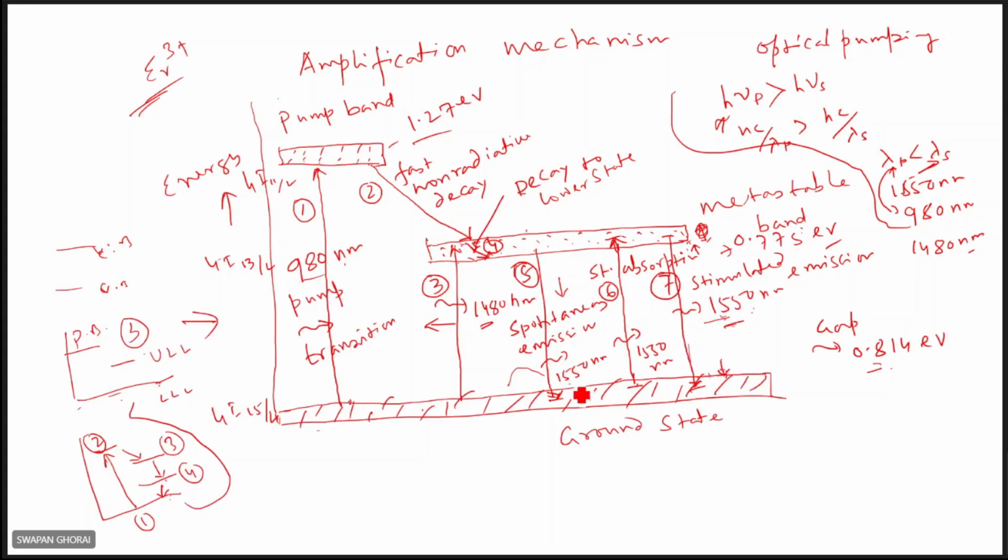That is at 1550 nanometers, right? But in the process, you cannot avoid the stimulated absorptions. Some absorption will be there at the same wavelengths, 1550 nanometers. That is these ones, right? So that is the amplification mechanism for the EDFA.